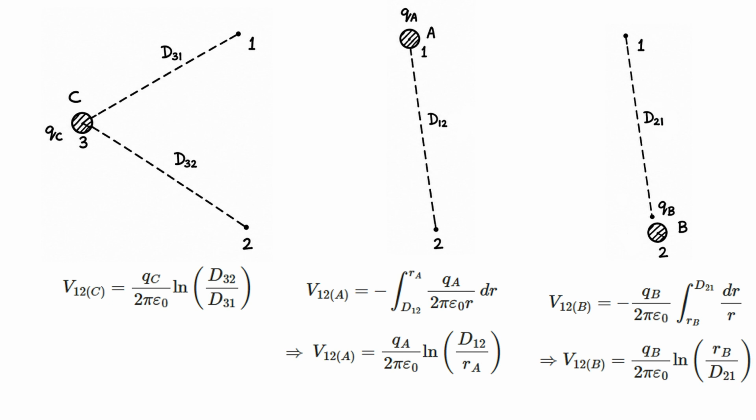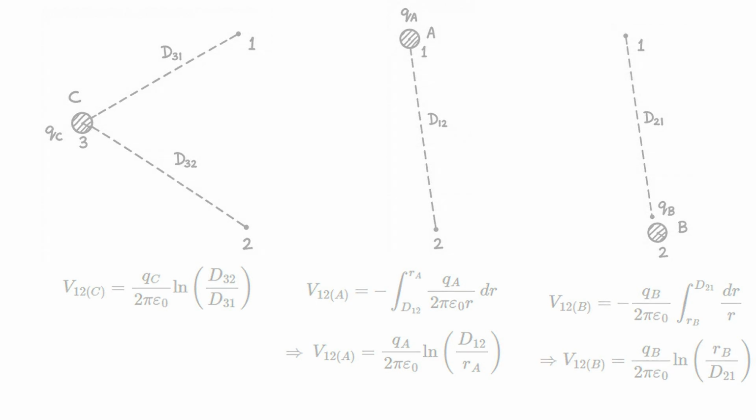Therefore, if we now consider all three conductors present in the system at positions 1, 2 and 3 respectively, then the voltage appearing across positions 1 and 2 will simply be the summation of the voltages produced by the individual conductors.